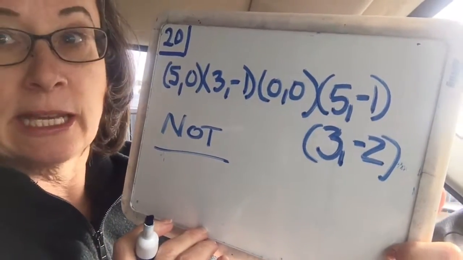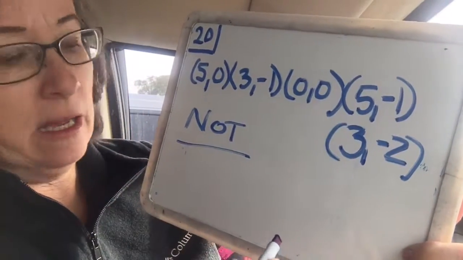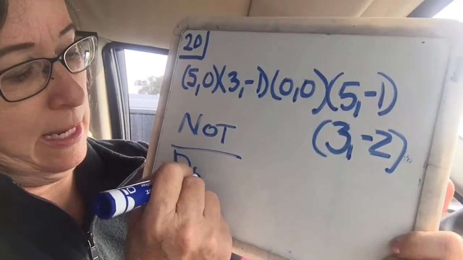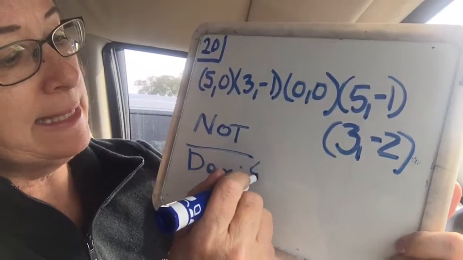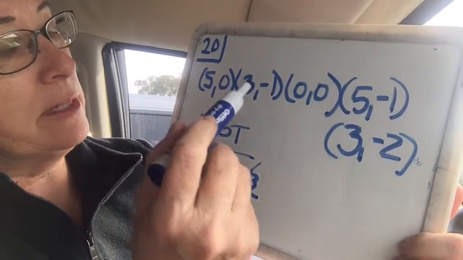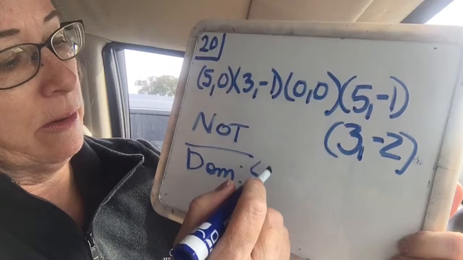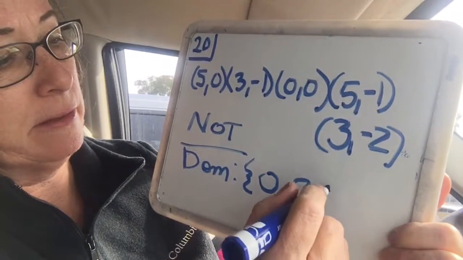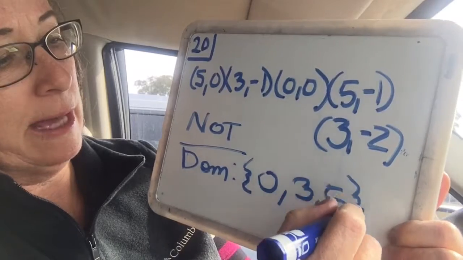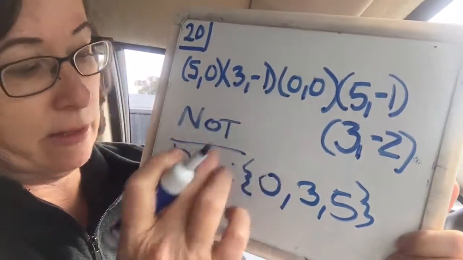So relations can have domains and ranges too. So let's do the domain of the relation. So the domain is going to be a set that includes, I'm going to do them left to right, so 0 and 3 and 5. Okay, so there's only 3 elements in the domain because we do not repeat those.